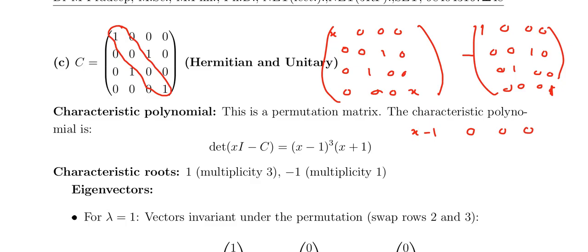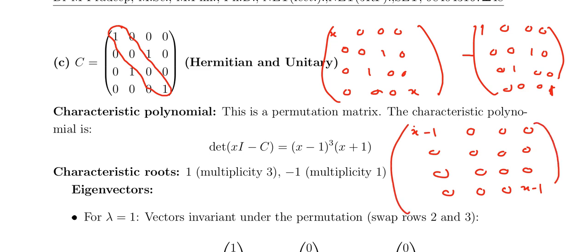And இங்கே பார்த்தீங்கன்னா 0 0 1 minus 1 0 ஆகிடும். இங்கே பார்த்தீங்கன்னா this is the 1 minus 1 0, and இங்கே பார்த்தீங்கன்னா that is the x minus 1. This is the matrix. So what is the characteristic polynomial?